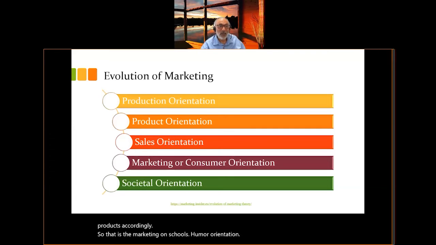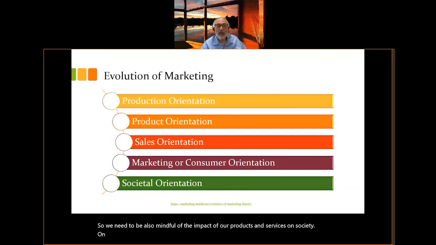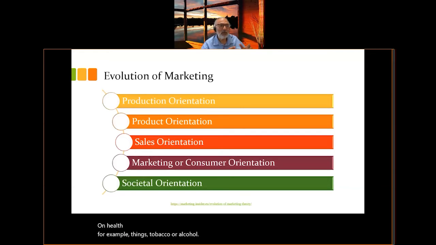This is what we're talking about now, marketing orientation. And then the latest trend is societal orientation, thinking, oh, we need to be also mindful of the impact of our products and services on society, on health. For example, things like tobacco or alcohol or addictive products or products which cause obesity.